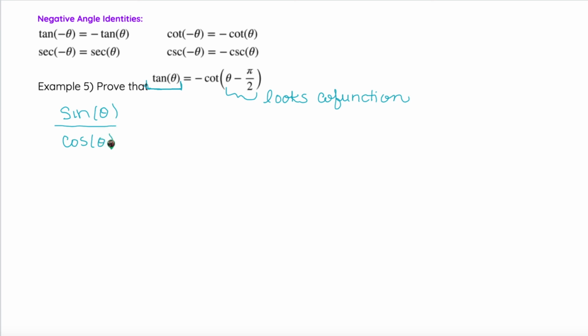Then I'm going to use my cofunction identity. When I use my cofunction identity, notice that it turns the sine into cosine and the cosine into sine, which is pretty interesting.